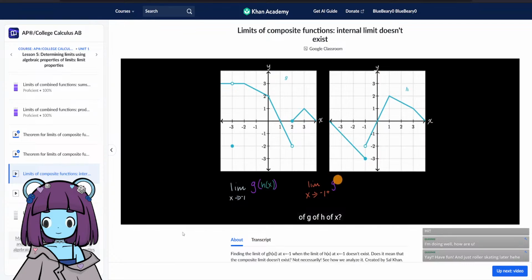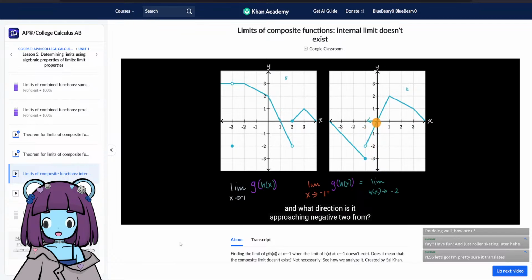Have fun. So do you break it up from the left and right? H approaches -1 from the right side. It's 2? Or -2, sorry. It translates? I don't know.